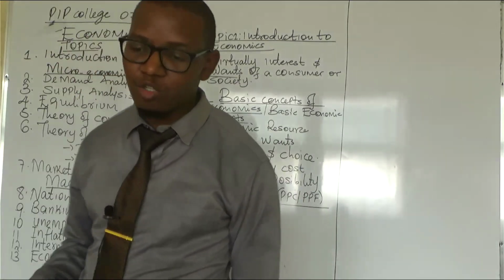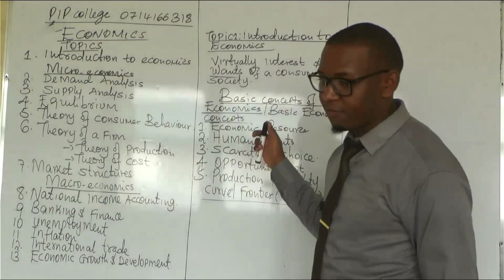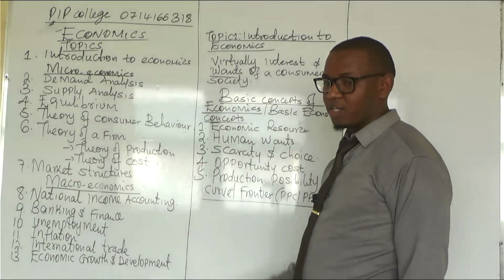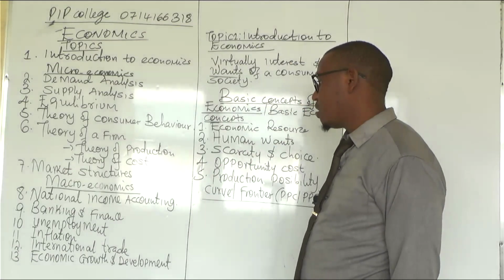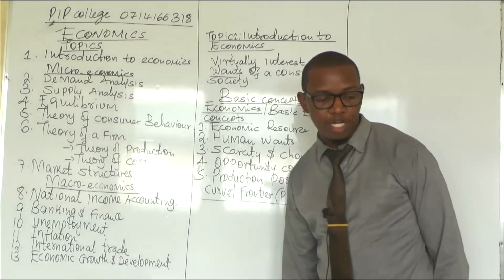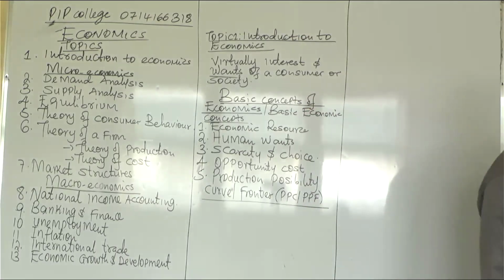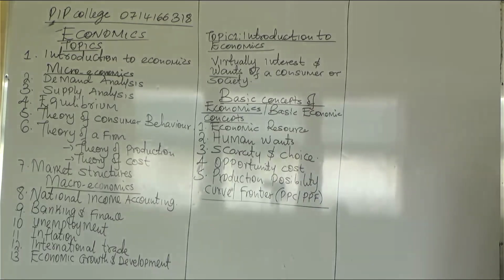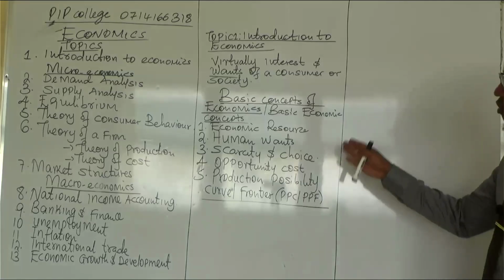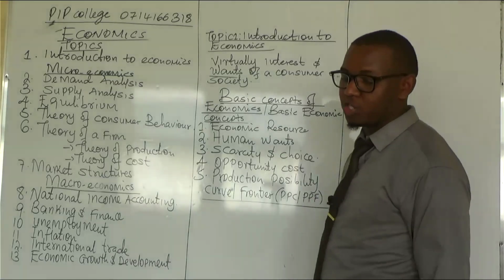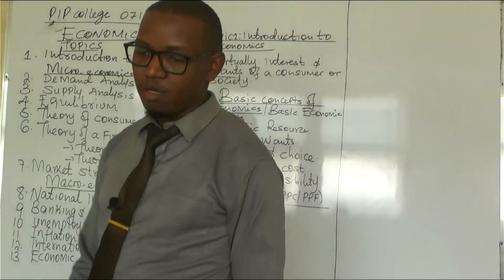And as a result, you get that curve that we'll be able to talk about here. The production possibility curve is what we call a concave curve. So that is what we'll be able to know on the basic economic concepts.